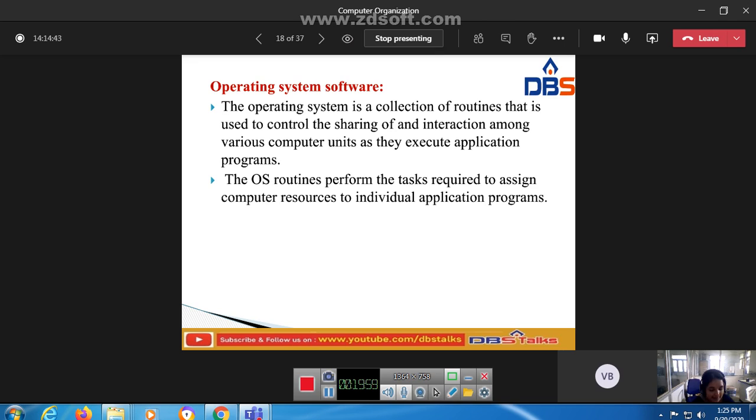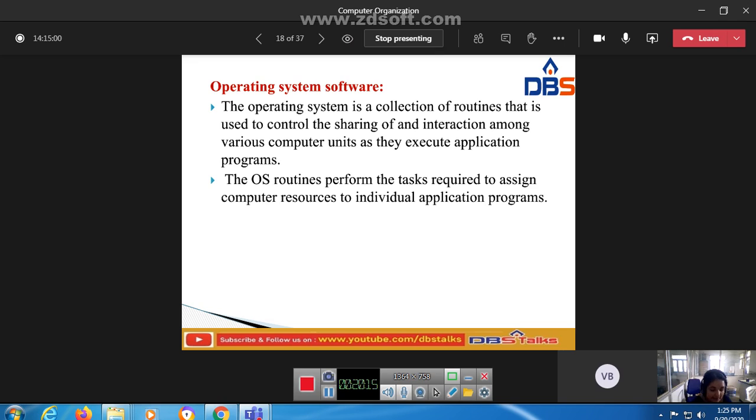These tasks include assigning memory and magnetic disk space to program and data files, moving data between memory and disk units, and handling input output operations.